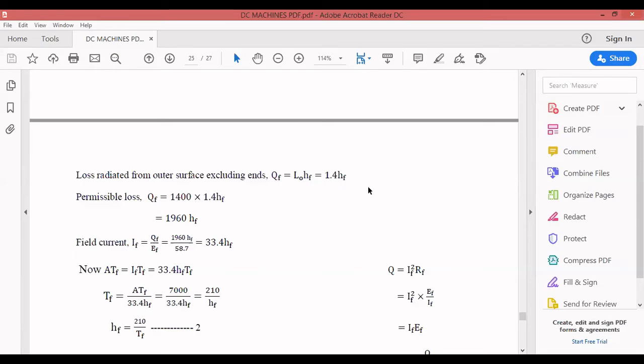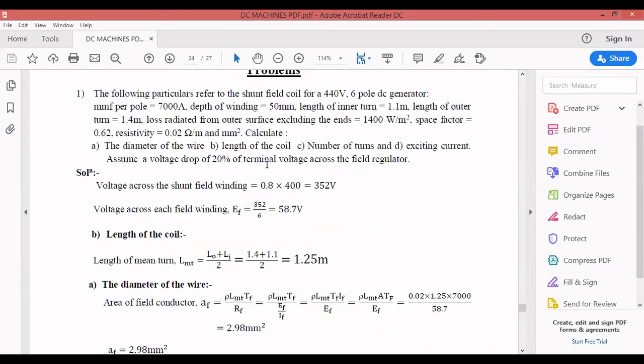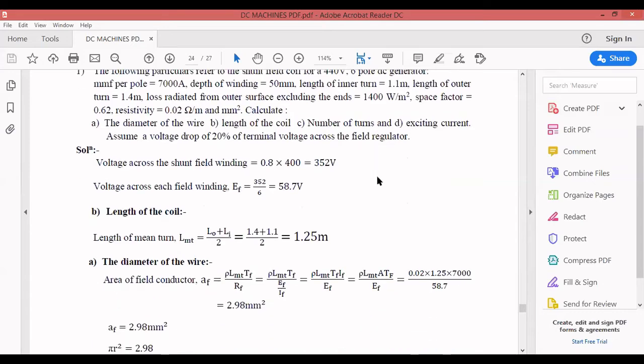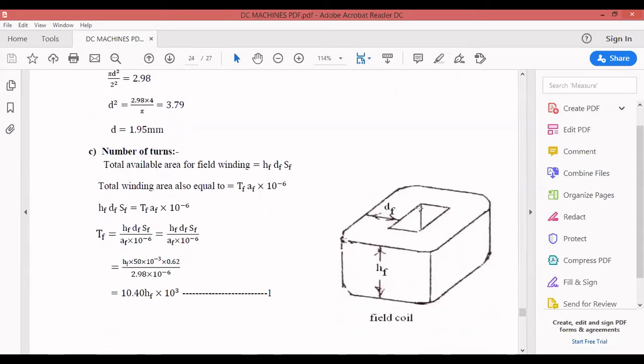But if you go to the problem, it is stated that the loss radiated from the outer surface excluding the ends is 1400 per meter square. Means per meter square the loss will be around 1400 watts. So you have to calculate the area. Whether it will come to 5 meters square, or 10 meters square, or 2 meters square, you have to calculate.